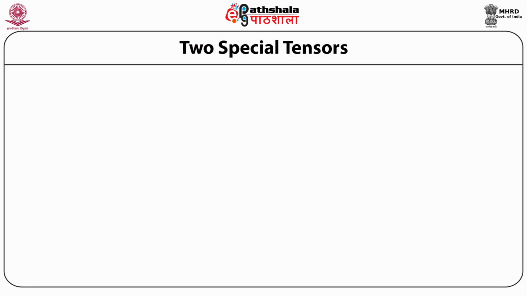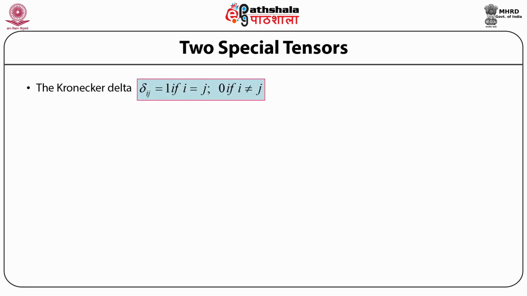Now let us define two special types of tensors which we will be using extensively in our discussion of electrodynamics. The first of these two special types of tensors is the Kronecker delta operator.